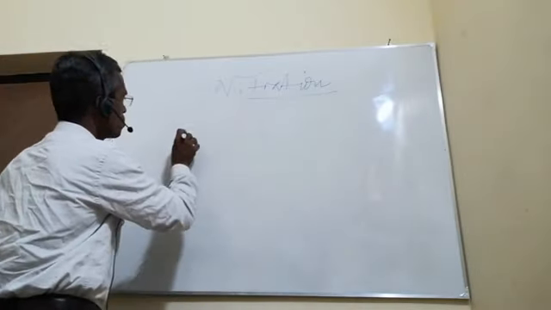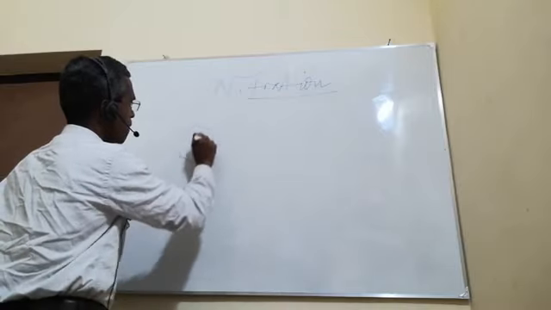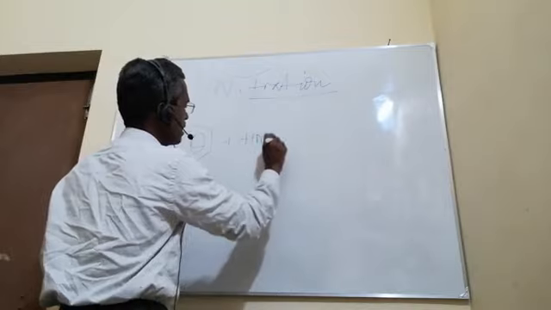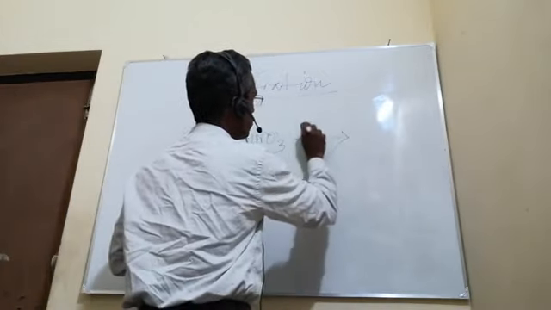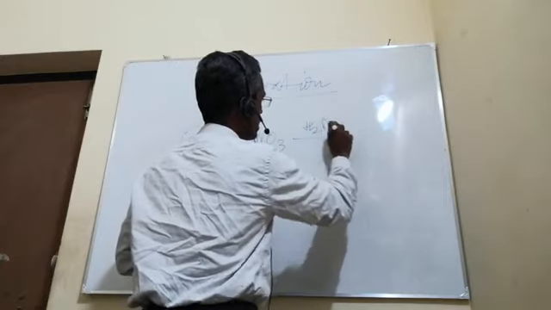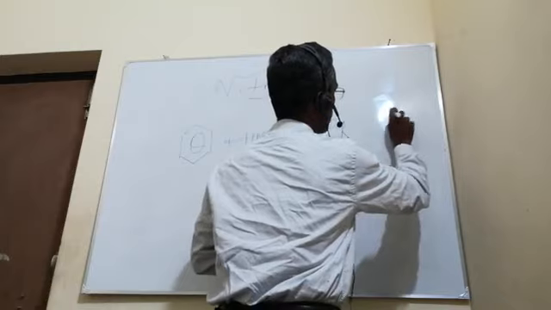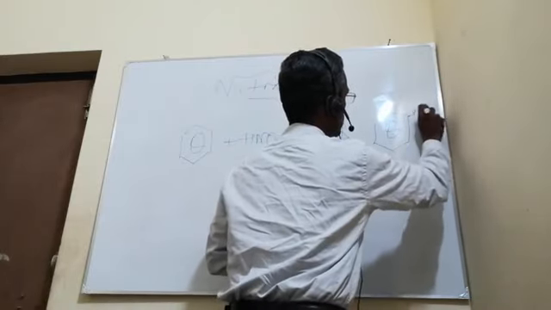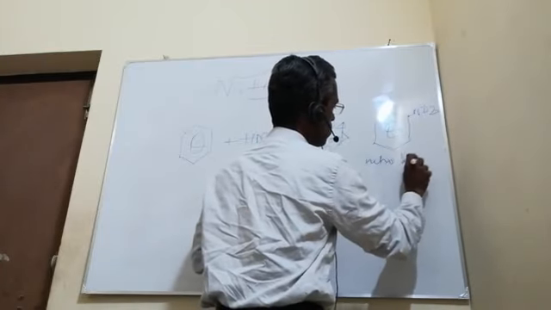For this, you take benzene, add concentrated nitric acid, and concentrated sulfuric acid also you take. Maintain 60 degrees Celsius. The product will be nitrobenzene.